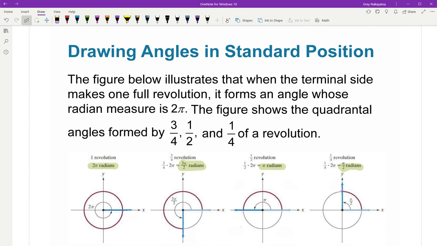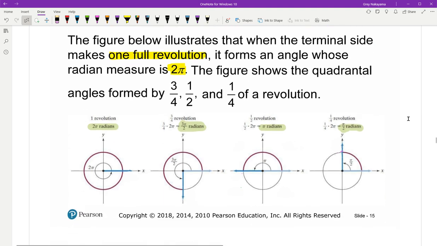Okay, let's talk about drawing angles in standard position. All the way around is 1 full revolution, and that is 2 pi. If you notice, when we were talking about our conversion factor going back and forth, we knew that pi was going to be the same thing as 180 degrees, and 180 degrees is halfway around our circle.